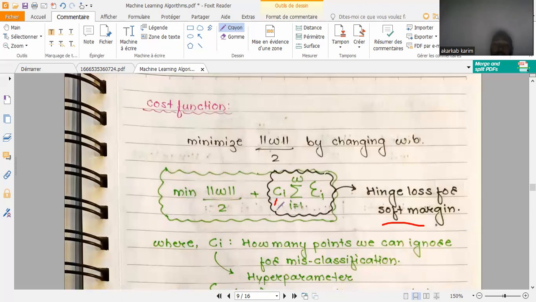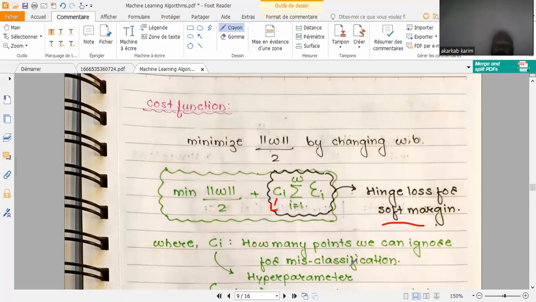C can be any number, it can be 1, 2, 3, or 30. The meaning of this constant, this hyperparameter, is how many points you can ignore for this misclassification.